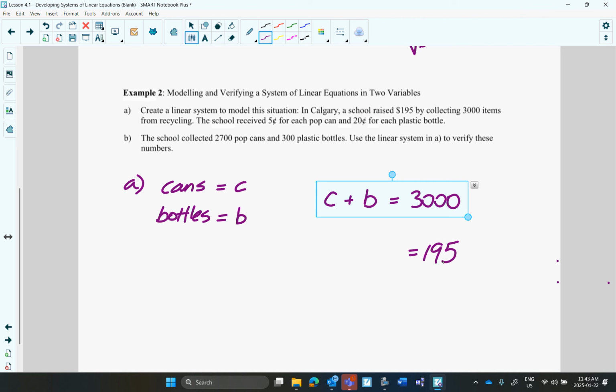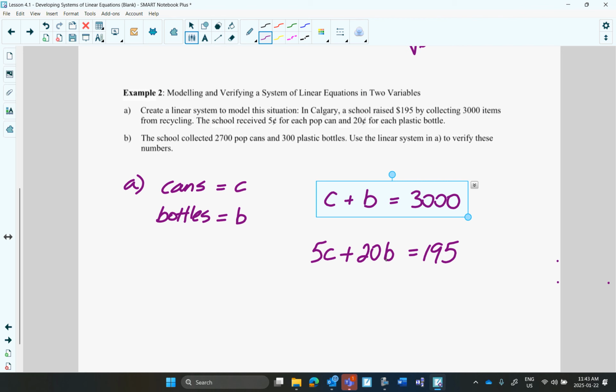Now, this is where it gets a little tricky, because you may think to yourself, okay, they get 5 cents for each C, so 5C plus 20B, that must add up to $195.